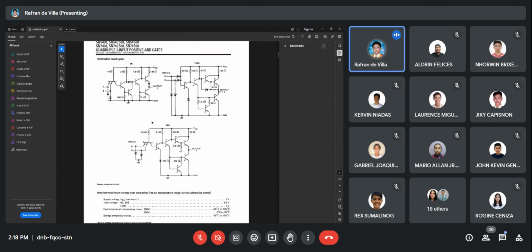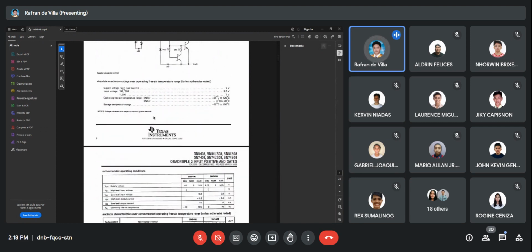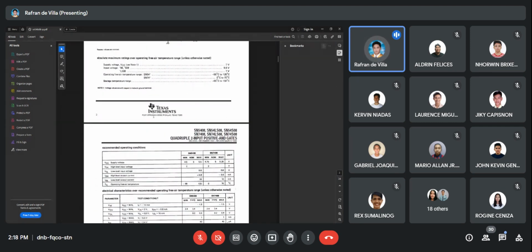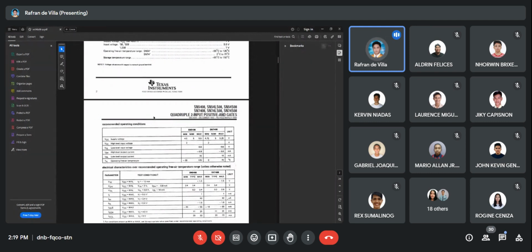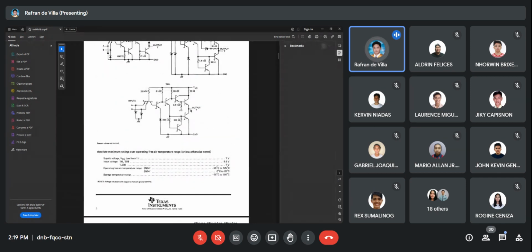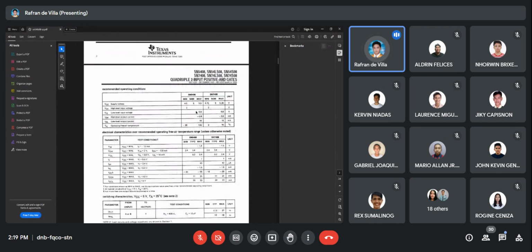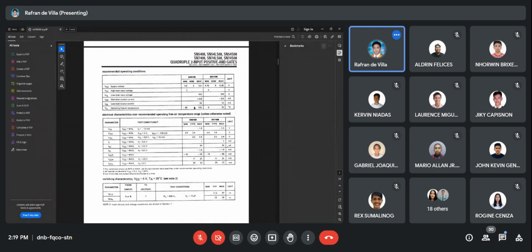Okay. Now, when we are trying to identify how many input pins a single output pin of a digital IC can control, we need to take note of the following electrical characteristics. Okay? So we will just go through this in our discussion, guys. This is very crucial, especially for our upcoming activities wherein you will be making use of a lot of digital ICs.